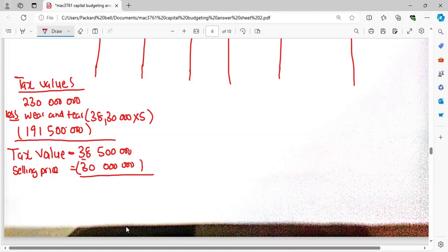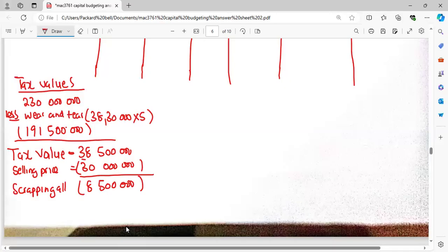Scrapping allowance. So we're going to have a scrapping allowance here, and the scrapping allowance is going to decrease our taxable income. So we're going to have a scrapping allowance of 8,500,000 here. Recoupment is going to increase our taxable income. Scrapping allowance is just like a loss, recoupment is profit.